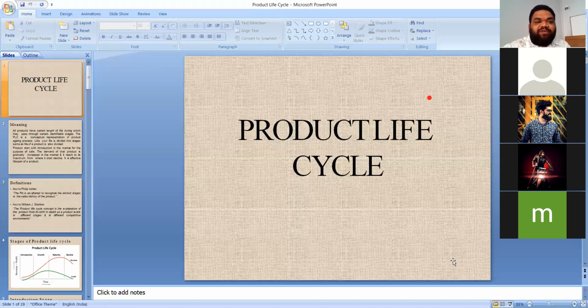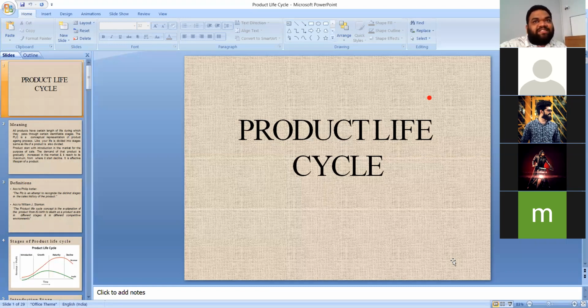In the same way, for every product there is a cycle from introduction to the decline stage, as you know. And how innovation management helps, and analytical methods in innovation management include the product life cycle.